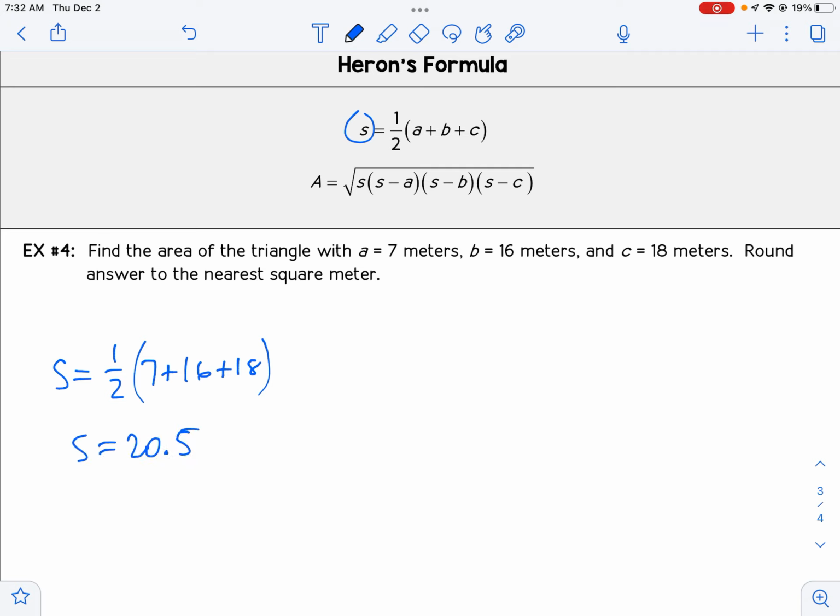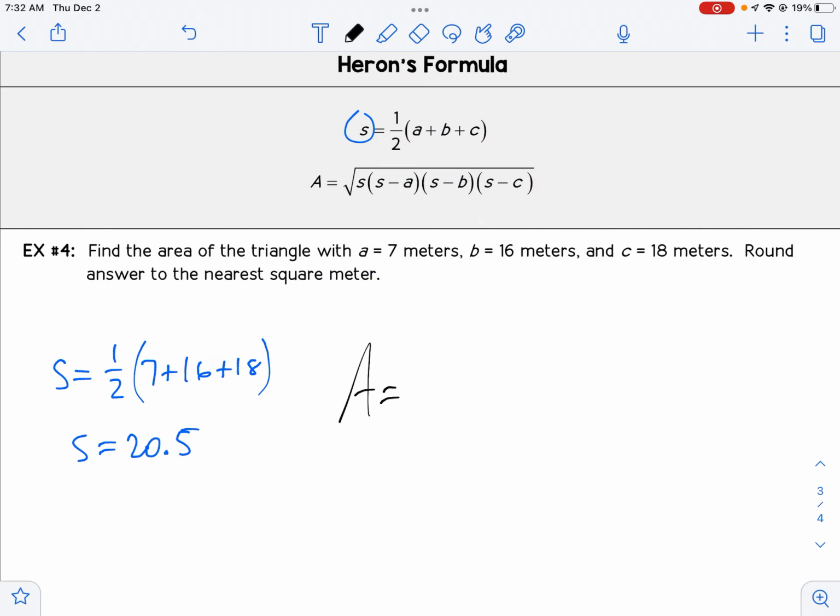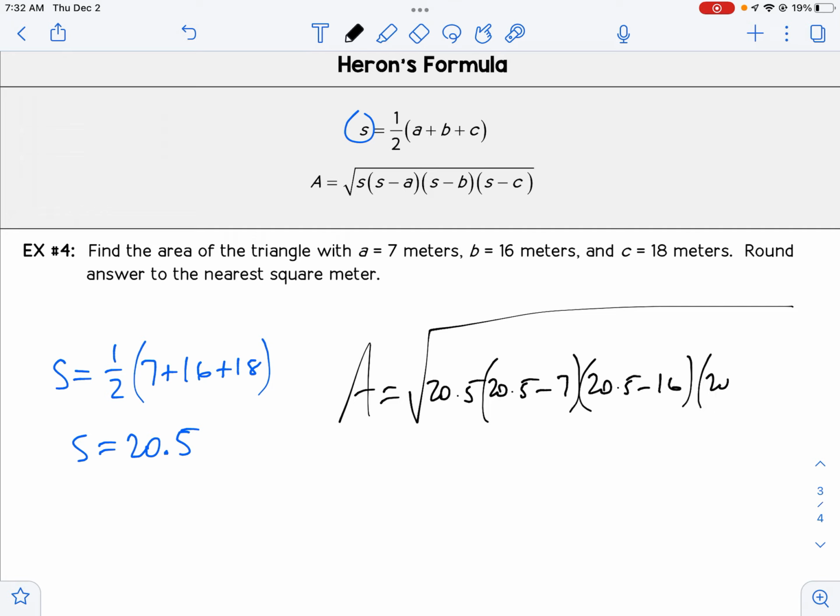And then I use Heron's Formula for the area. So now I'm just plugging this in: square root of 20.5 times (20.5 minus side a, which is 7) times (20.5 minus side b, which is 16) times (20.5 minus side c, which is 18).